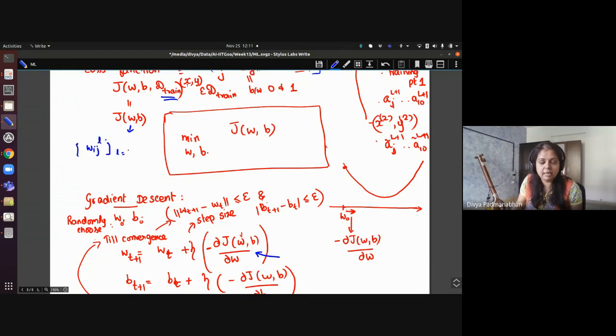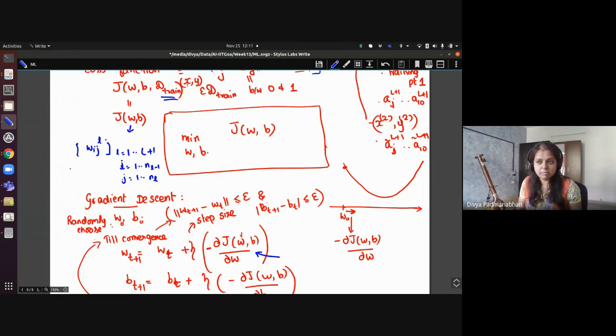So for all l from 1 to L+1, and also i and j, all these are going to be there. Here i is the previous layer, so 1 to N_(l-1), and j will be 1 to N_l if there are N_l neurons in layer l.